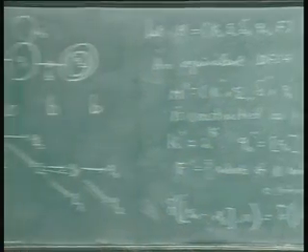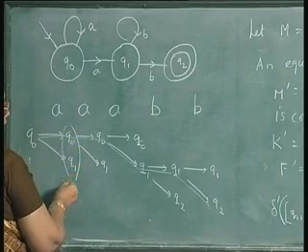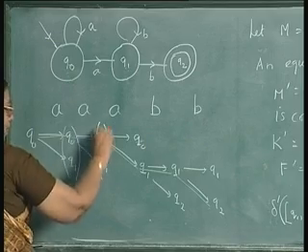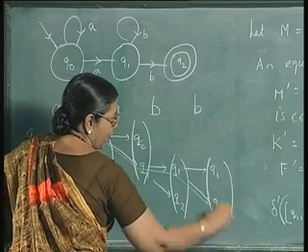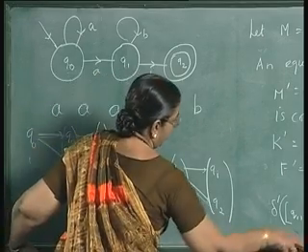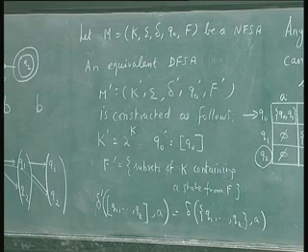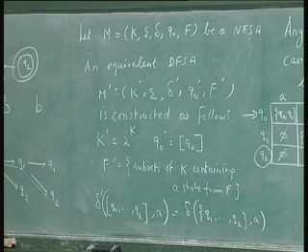Now, looking at this table also, you see that from q naught, after reading a, you go to this state in the deterministic one, and you go to this one and this one. So, if this subset contains a state from F, the string will be accepted. This is the construction for the non-deterministic automaton, and the proof is like this. I shall not go into the details of the proof because it may take quite some time.